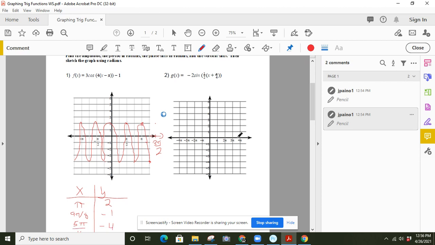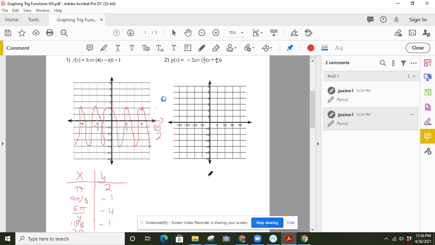All right, so when I make my table of values, you can see here that this is counting by pi fourths here. All right, so in my table of values, I would like to start at negative pi fourths, so I know I'm going to get 0 here.